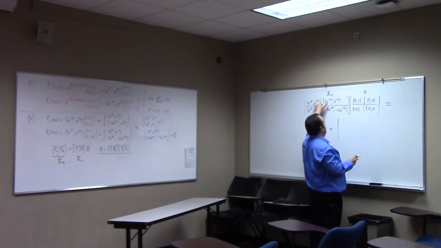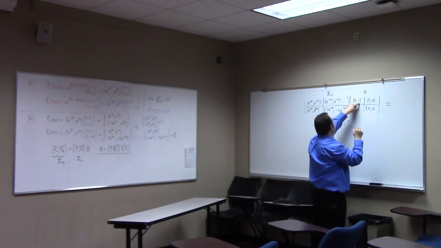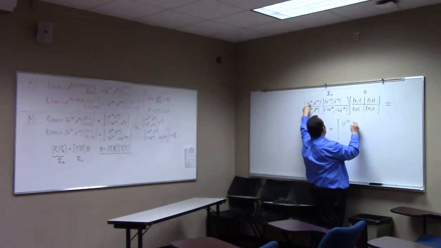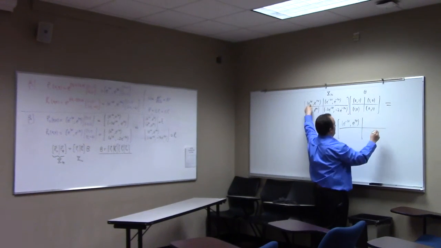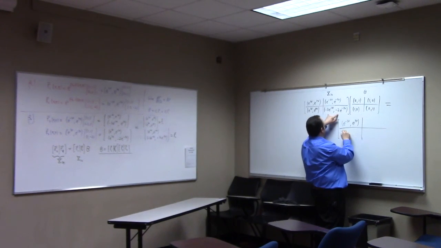So this times that, the first component comes from this times that, which gives me e to the minus 2x. Then this times that gives me the second component, which is e to the 3y. Then this times that picks up my first 3e to the minus 2x.